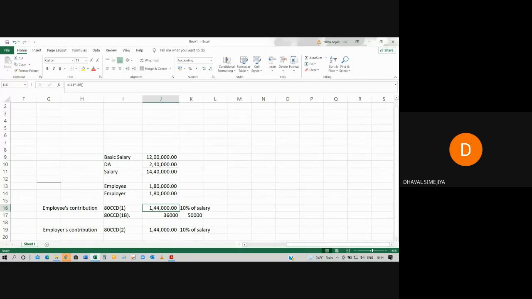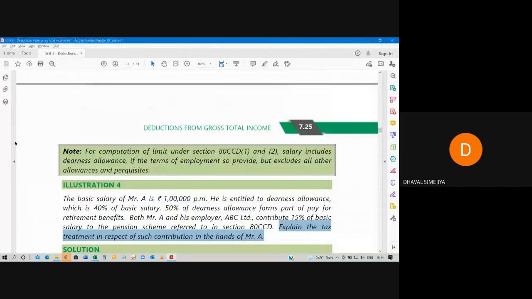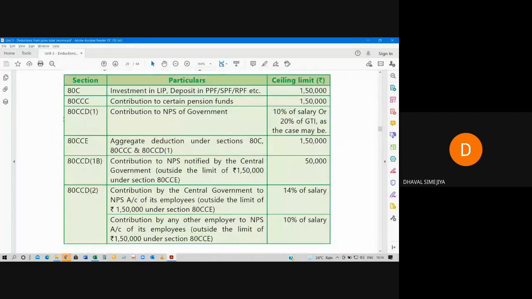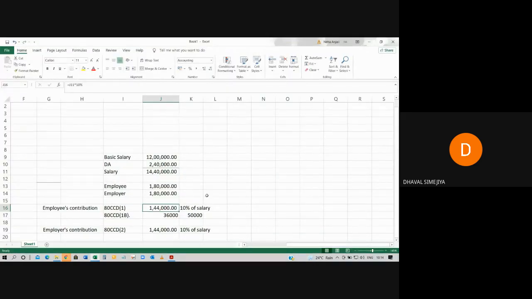You will not be able to understand by reading only one time. Look, you have to consider this table first. Section 80CCD, contribution to NPS, 10% of salary. That's why here 10% of salary is considered.